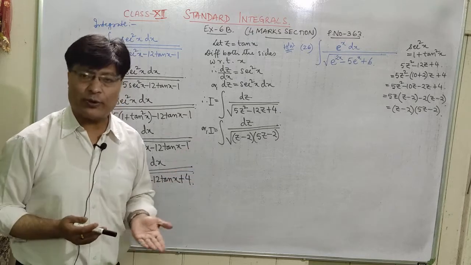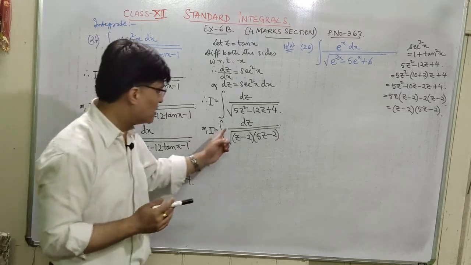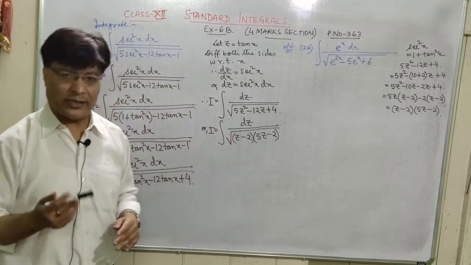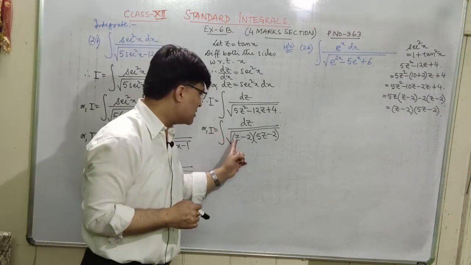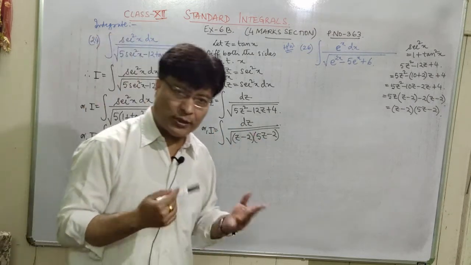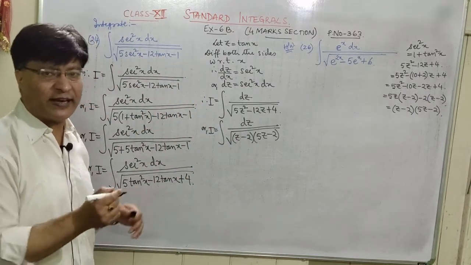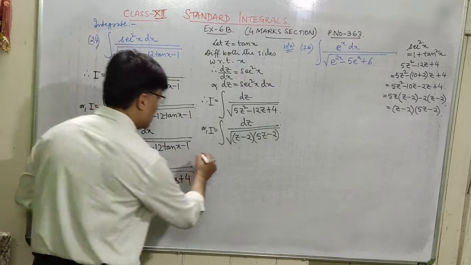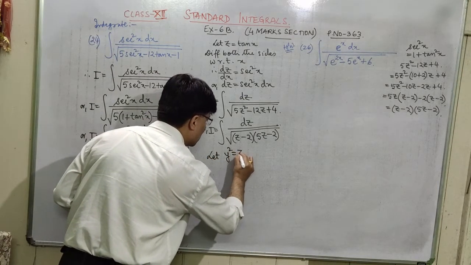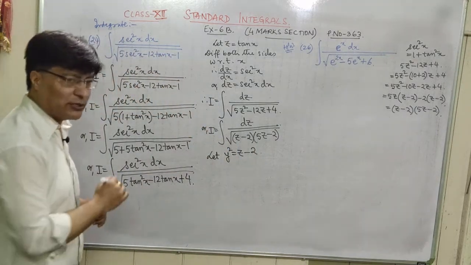Let us write it as y square, not z square, because z is already here. You can take either z minus 2 is equal to y square, or 5z minus 2 as y square. So let us take z minus 2 as y square, because both the factors are within square root. So let y square is equal to z minus 2.